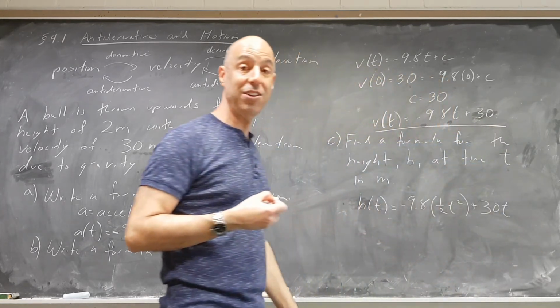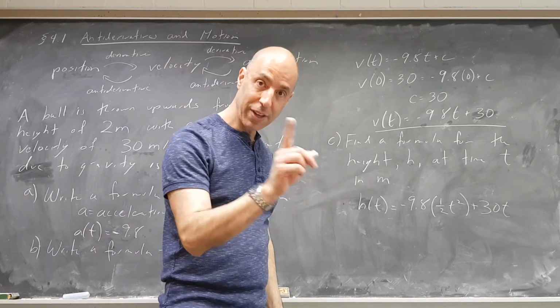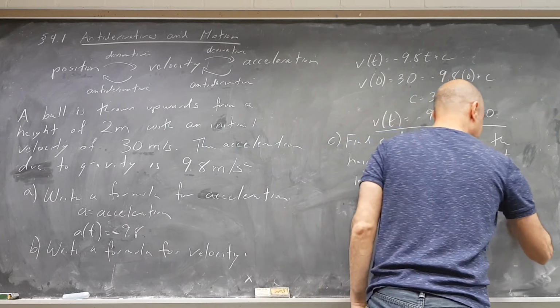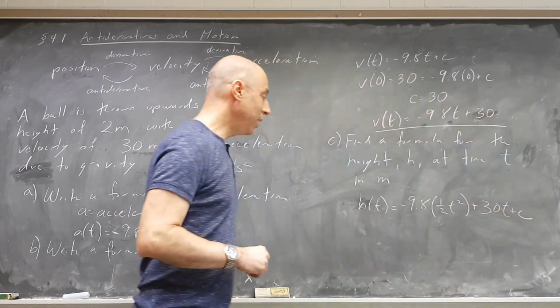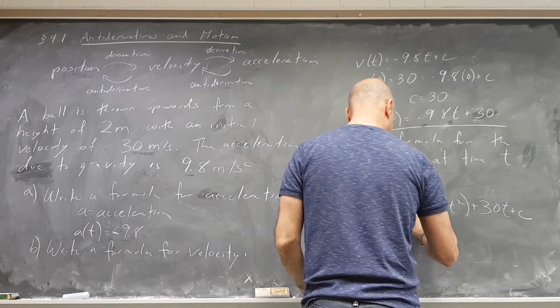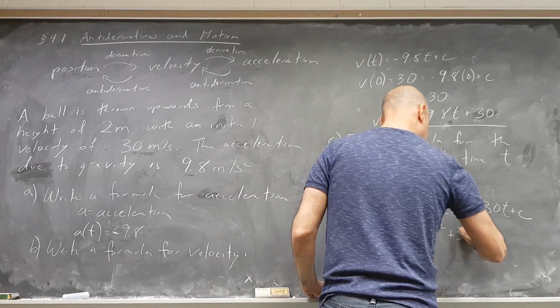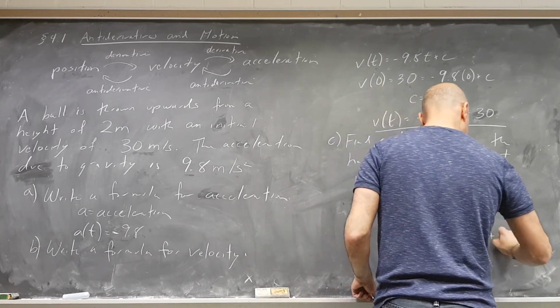Again, if we were using x as our independent variable, it'd be 30x. Right? Plus the constant. And we can simplify this a little bit. Minus 9.8 times 1/2 is minus 4.9 t squared plus 30 times t plus the constant.